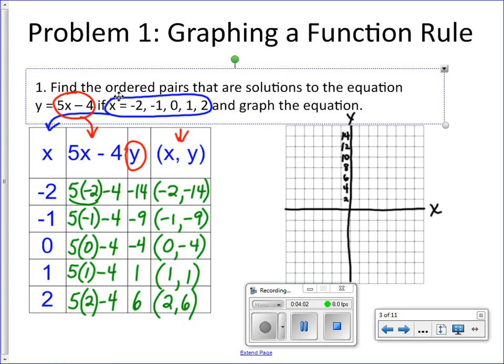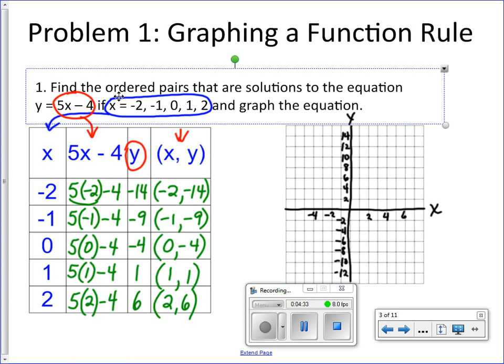And going down, -2, -4, -6, -8, -10, and -12. On the x-axis, I'm just going to go by single units. So I'm going to number every other one, and likewise going this way. All right, so we're ready to graph.